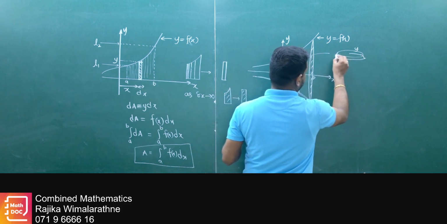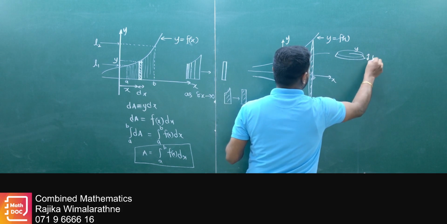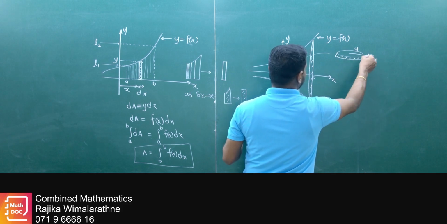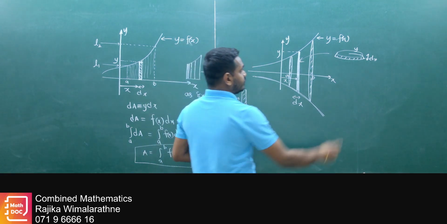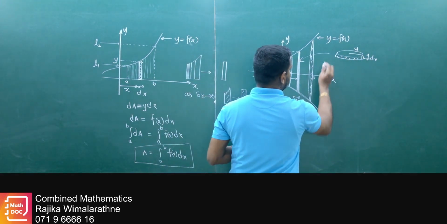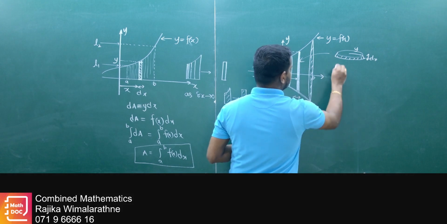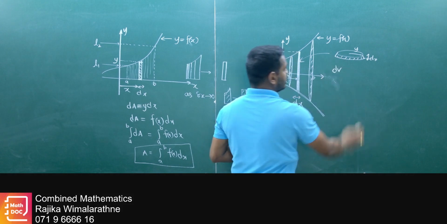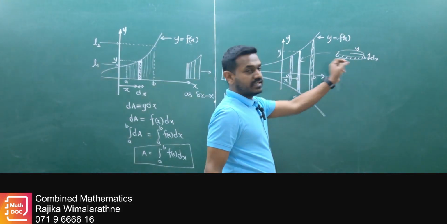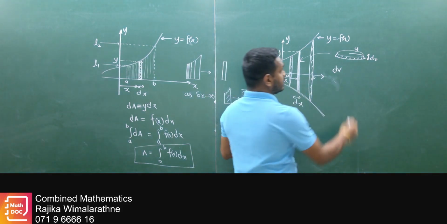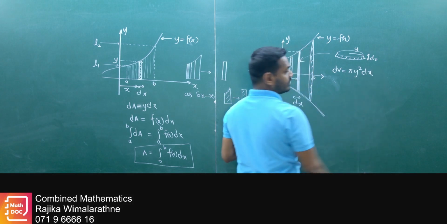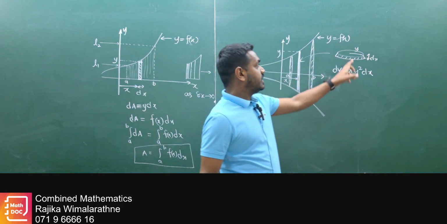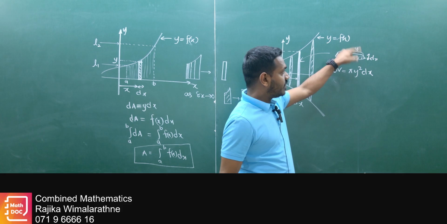The volume of this part, say dv, with radius y and thickness dx, is pi y squared times dx.